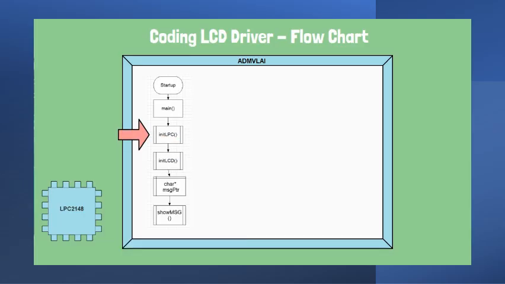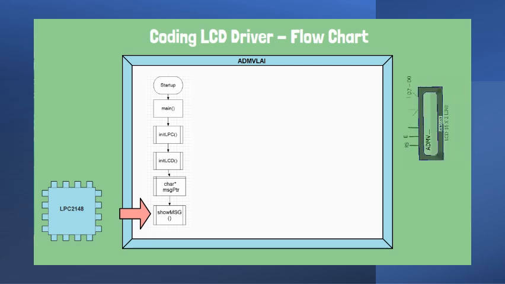We then need to define a general purpose memory pointer named message pointer to point to any message array. We need the second function, initialize LCD, which uses the message pointer to configure the LCD module. We need the third function, show message, to display our message on the LCD display.